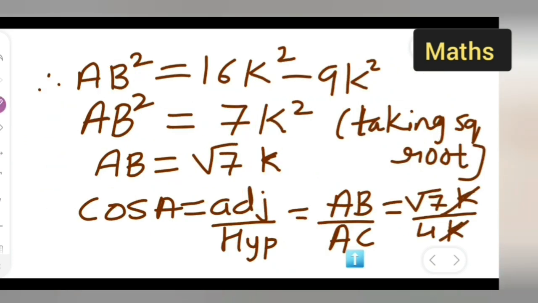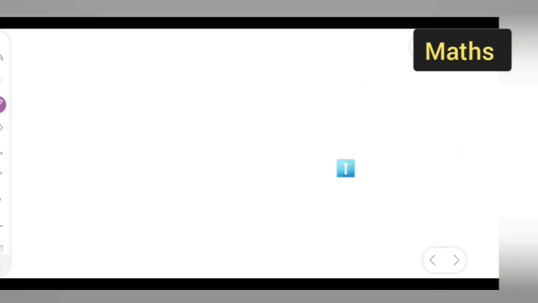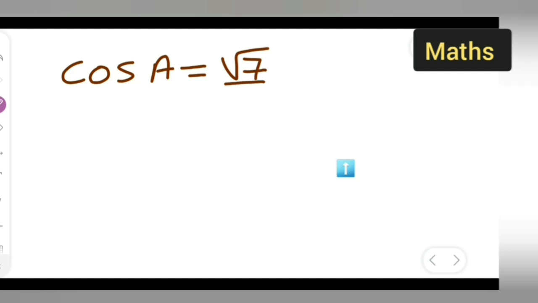Here K will get cancelled, and you are left with root 7 upon 4. So cos A is equal to root 7 upon 4.